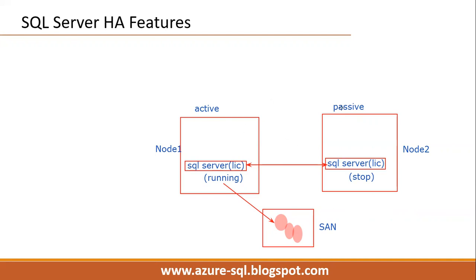Check here: active node, passive node is a two node cluster. By default, remember, our platform is Windows cluster, and by default Windows cluster supports only an active passive setup.